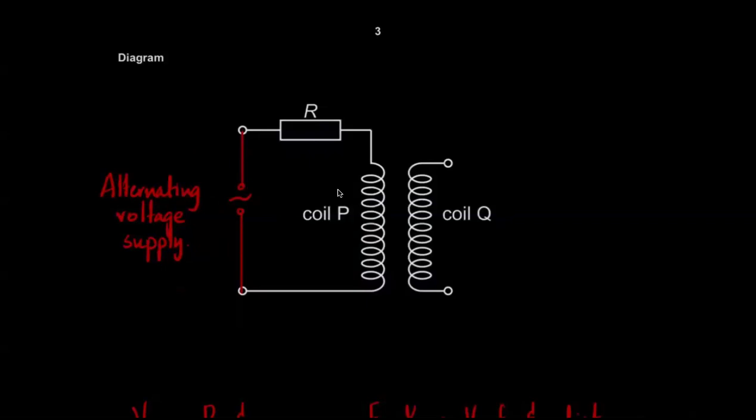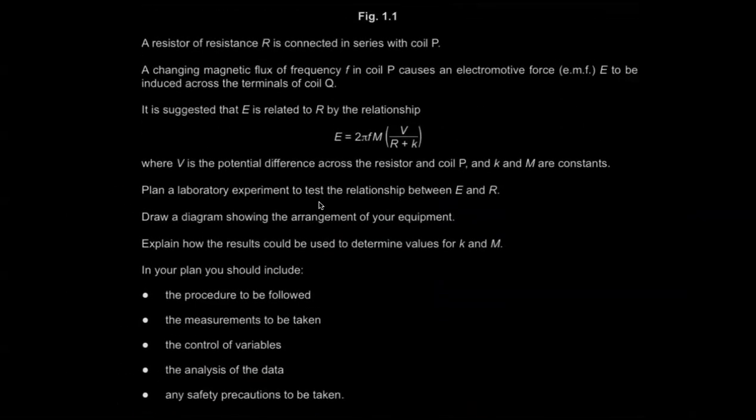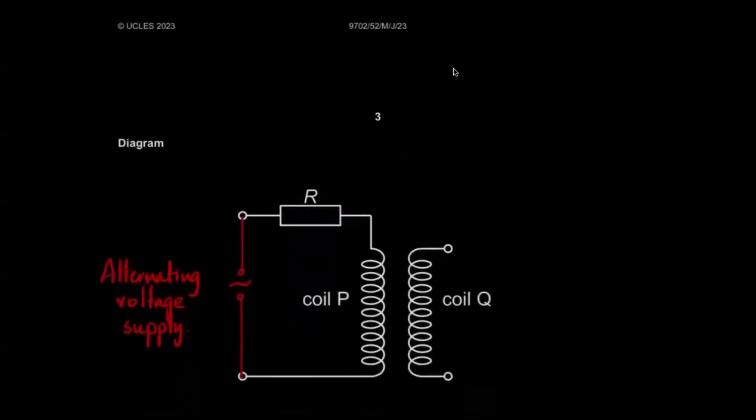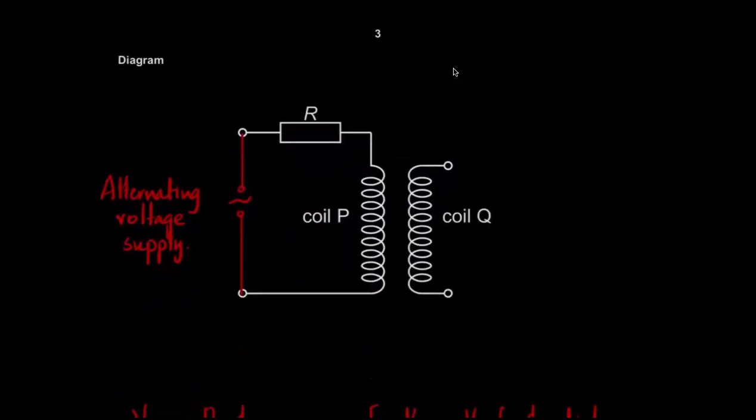And then what else do I need? With the power supply, I also need a changing magnetic flux of frequency F, which causes an EMF E to be induced across the terminals of Q. It is suggested that E is related to R by the relationship. Because E is also going to be a varying EMF, a normal voltmeter would not work. You know that for this one I should have an oscilloscope here.